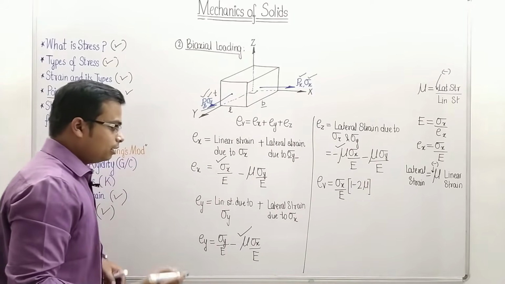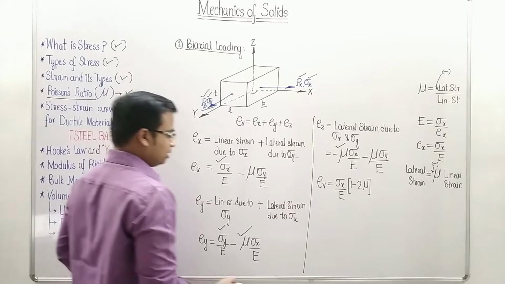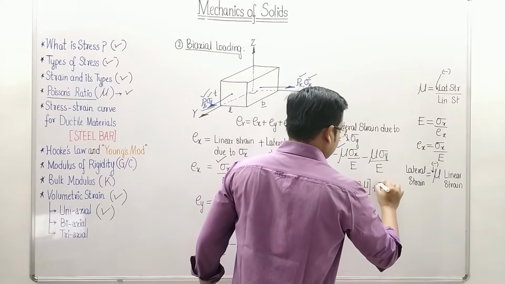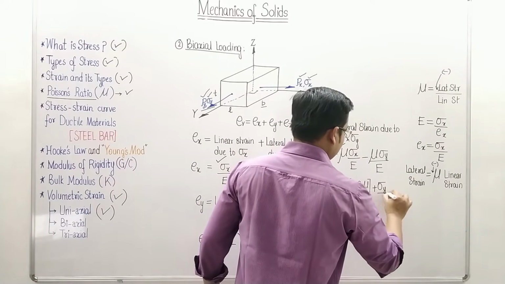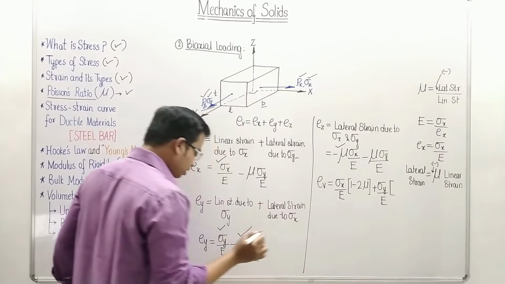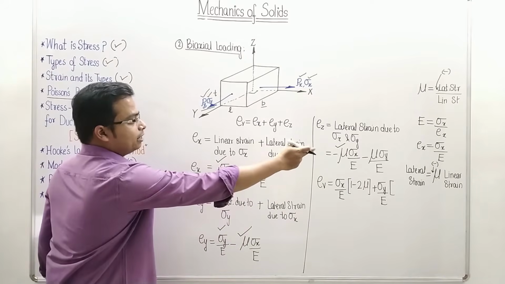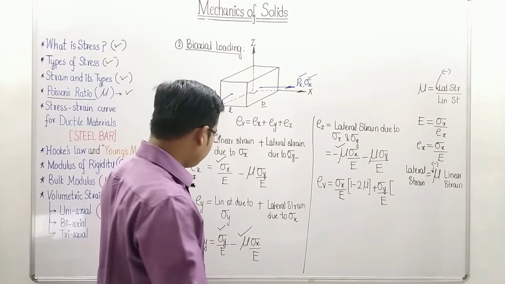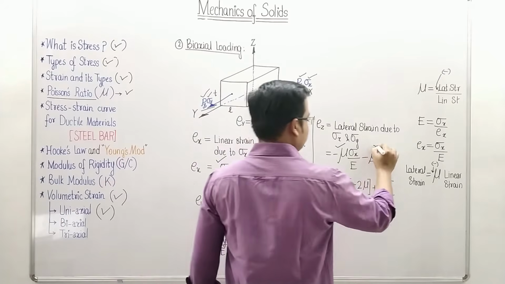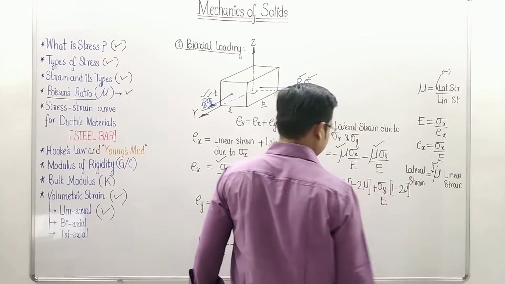Okay, anything else? Now let's talk about this sigma y over E. Let's take that as common. Now if you try to work out, this is 1, minus mu, all of them have been covered. 1 minus mu, so 1 minus 2 mu. There you go.